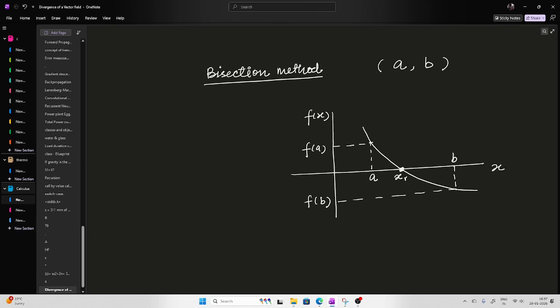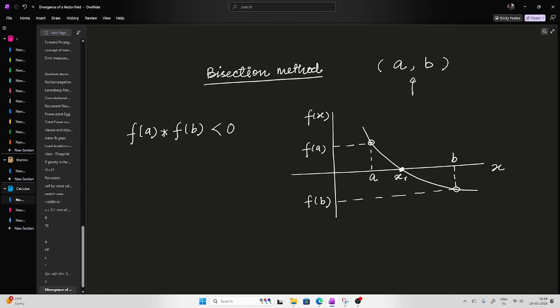If I'm given this particular interval and I want to know whether a root exists in between, I have to find the value of the function at a and the value of the function at b and multiply them.